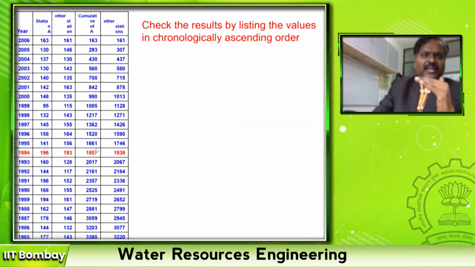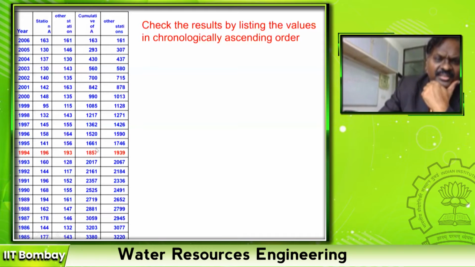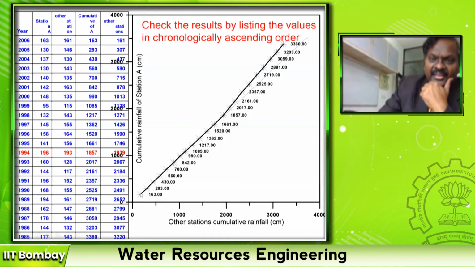Similarly, this is the cumulative. Now I have to draw a graph, the other stations' cumulative on the x-axis and the cumulative of station A on the y-axis. You can see it is gradually increasing like a linear, and at a particular year there is a break. But still after that year also it continues to be a straight line.